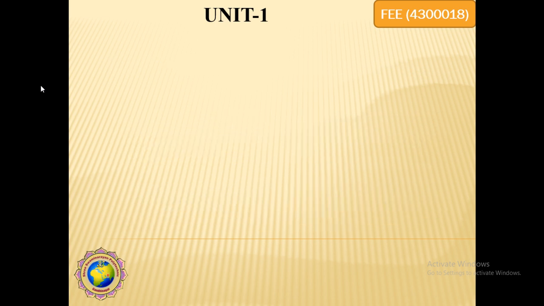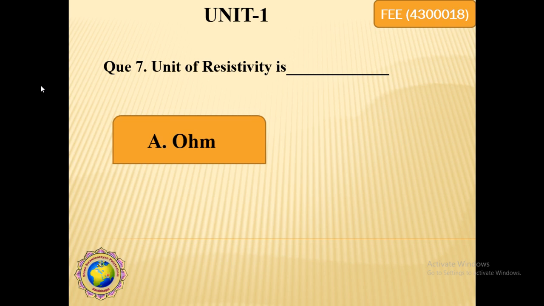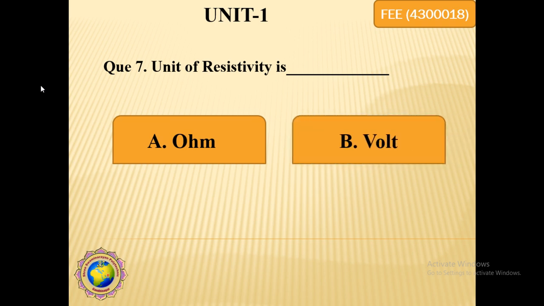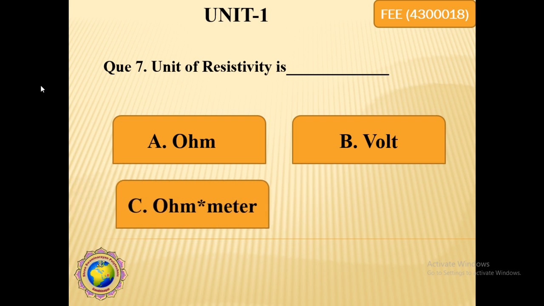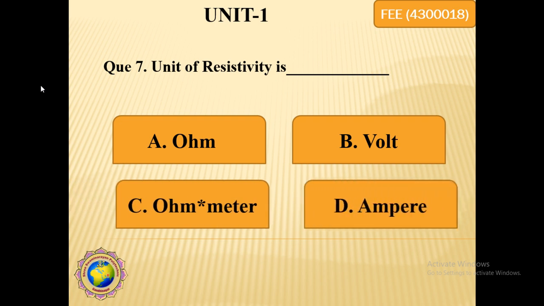Then question 7. Unit of resistivity, resistivity rho. We have to write the unit of resistivity. The options are A ohm, B volt, C ohm into meter and D ampere.